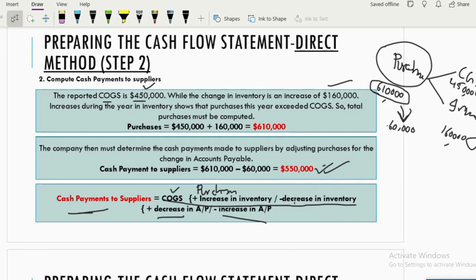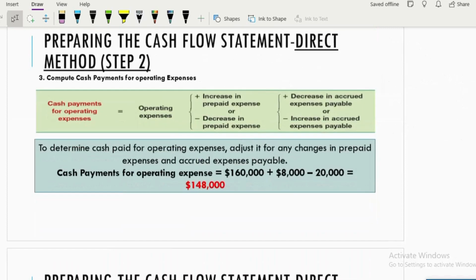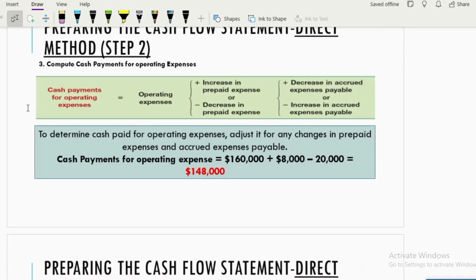Then we also have the operating expenses, right? So let's move towards the calculation of operating expenses. Operating expenses, we will be taking them from the income statement, and then we will see, are these all operating expenses which we have, or we paid for the future years as well, or we did not pay some of the operating expenses in cash.